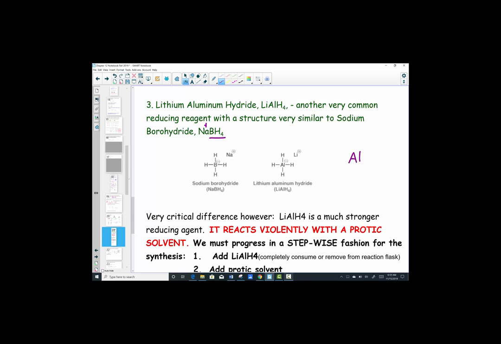Aluminum lives right under boron on the periodic table. It has just 3 valence electrons. When we place a 4th bond around the aluminum, just as the same story with boron, because they're in the same family, we're getting a source of a hydride ion.